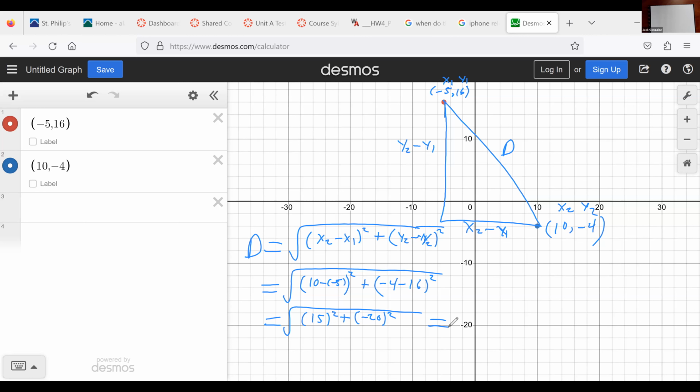What is 15 squared plus -20 squared? Then square root that value. Distance cannot be negative, so whenever that happens, double check.